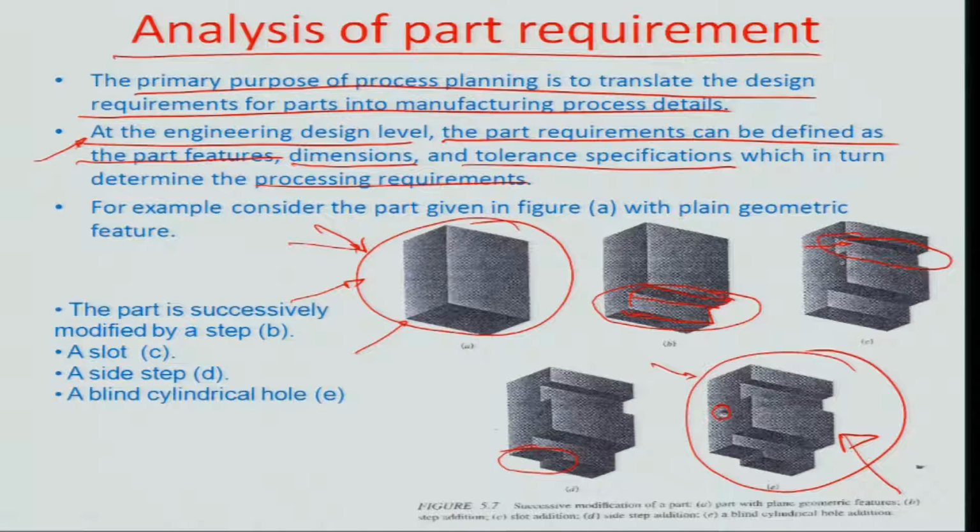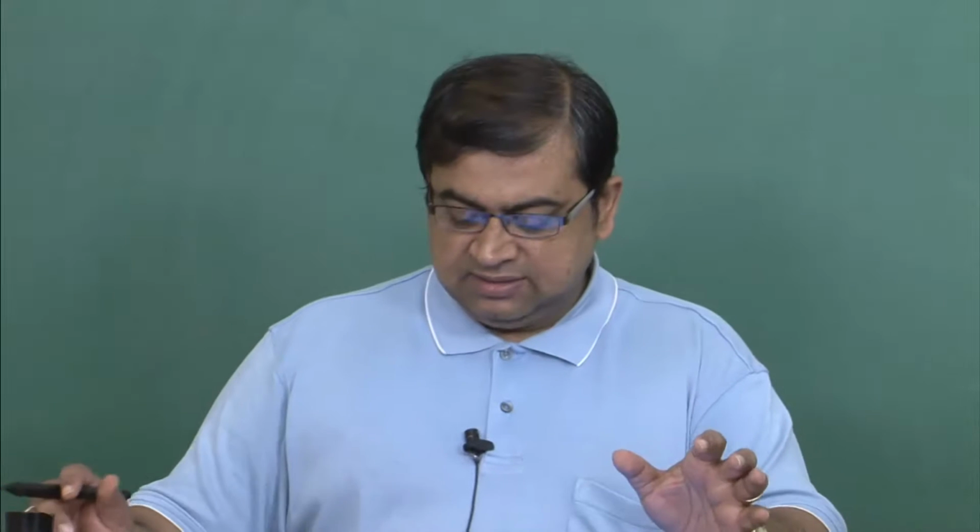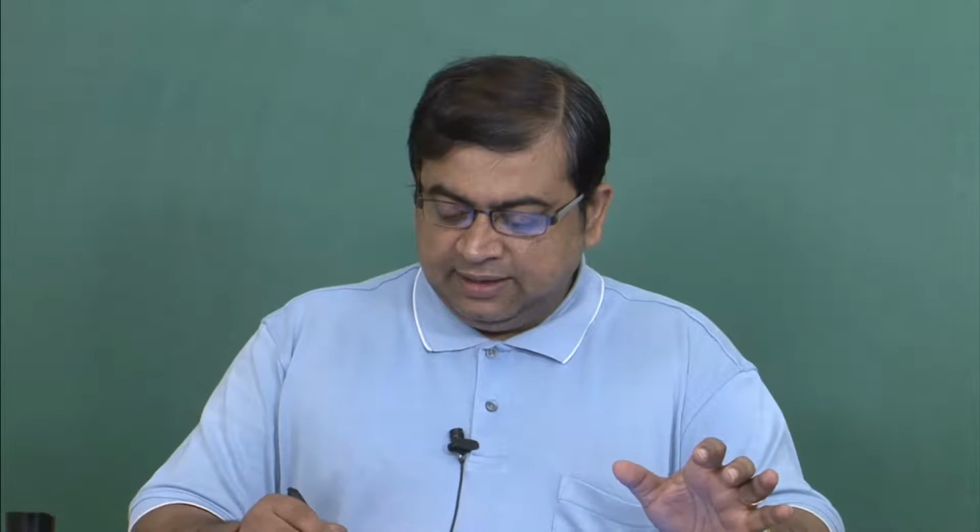So had I done the side slot earlier and then started working on the slot, it may not be a very appropriate mechanism, because the side slot then in that case would have to go for a greater amount of depth, and the material would have to be subjected to a tremendous amount of shear stresses and strains in comparison to if you had already created this step.